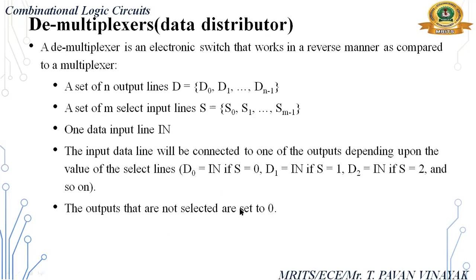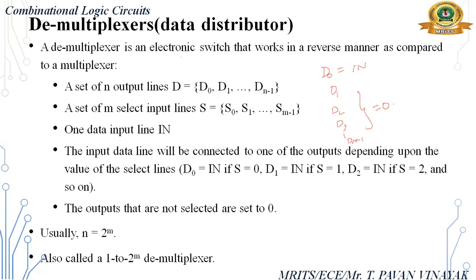The outputs that are not selected are set to 0. Means if D0 is the input, then D1, D2, D3, and so on up to Dn minus 1 are equal to 0. Remember this point. Usually n is equal to 2 power m.